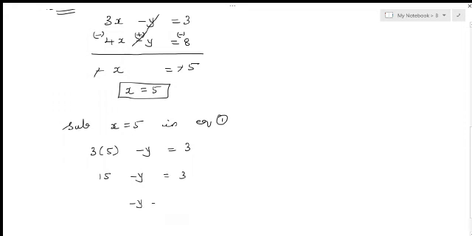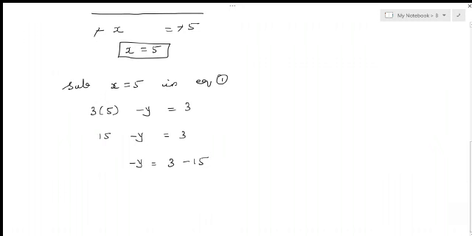So minus y is equal to 3 plus 15. When you take it to the other side, minus 15. Now minus y equal to, what is 3 minus 15? It is minus 12. Minus and minus will get cancelled. Y is equal to 12.